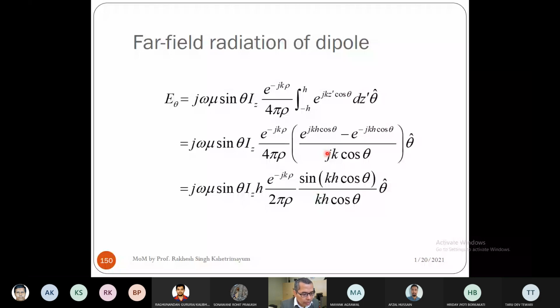This will become 2j when you multiply 2j here and 2j here. So basically, I want to convert this exponential function into a sine function. So I multiply by 2j here, I also divide by 2j here. In that case, this 2j and this term here will become sine, and this 2j here you can simplify. Finally, this looks like a sinc function. Sine theta by theta is a sinc function.